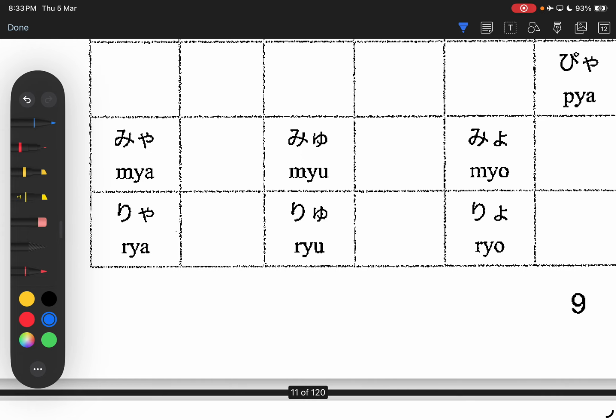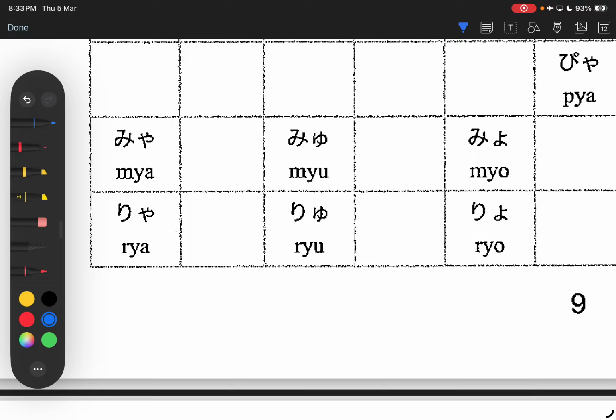Next we have the M row: mya, myu, myo. Then rya. Not R, it's L. Remember R is not R, it's L. So rya, very quickly. If you speak Hokkien, you know the police catch the thief, liah lang. So liah, catch people.